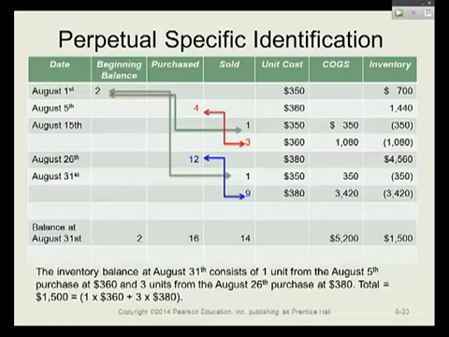So when you look at this slide, it also gives you the breakout of the composition of the ending inventory. When you go into next month, starting September 1st, what does your beginning inventory look like? Your inventory would show 1 unit at 360, and 3 units at 380. So your ending inventory of August becomes your beginning inventory of September, and that carries over.